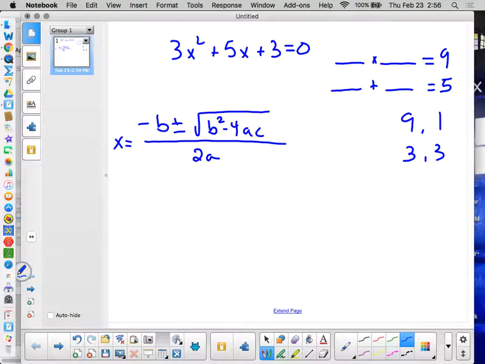Now you may have learned a little song to go with that. You may not have. I'm not singing it for you today. But that is the quadratic formula, and it automatically gives us our solutions to this polynomial without factoring.